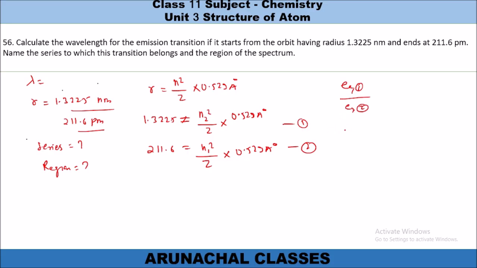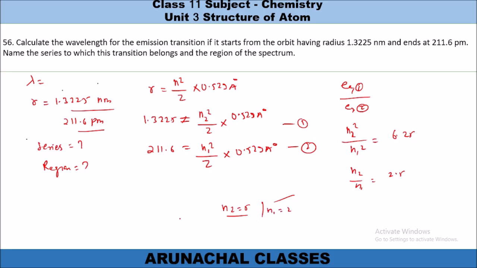So finally we will get n2 square upon n1 square equal to 6.25. Now n2 upon n1 is equal to 2.5. Therefore we will get n2 as 5 and n1 as 2.